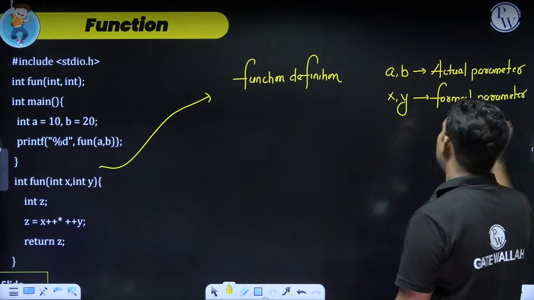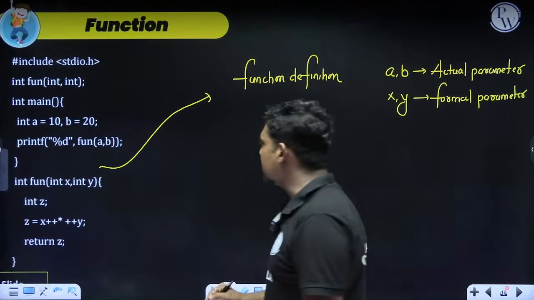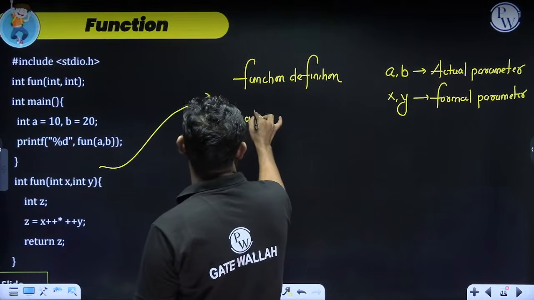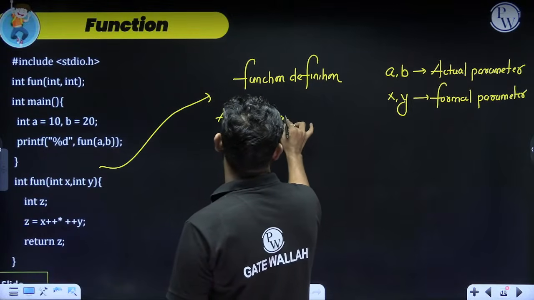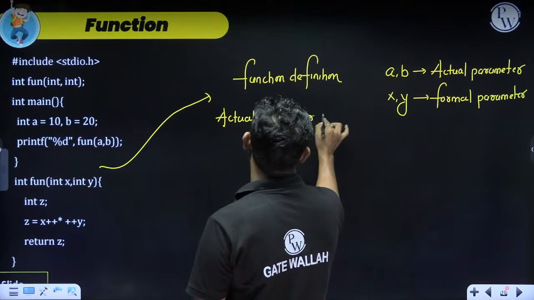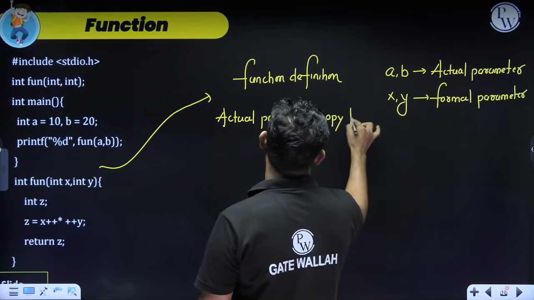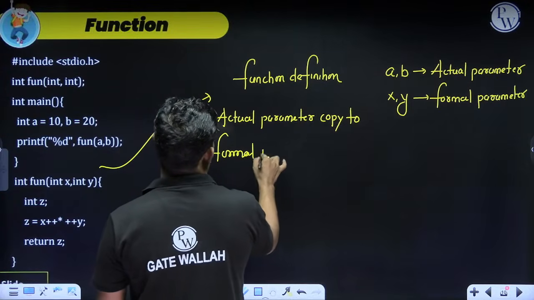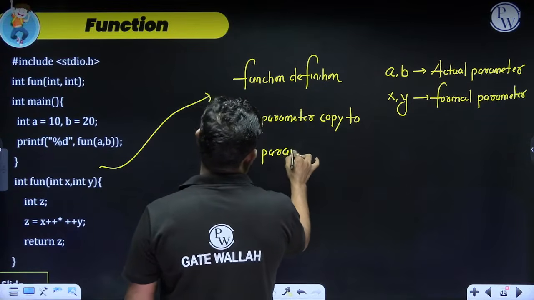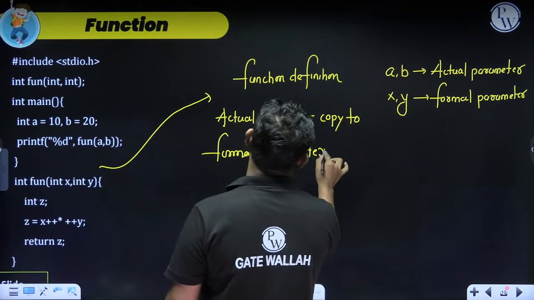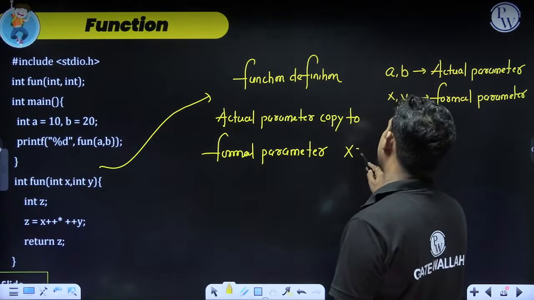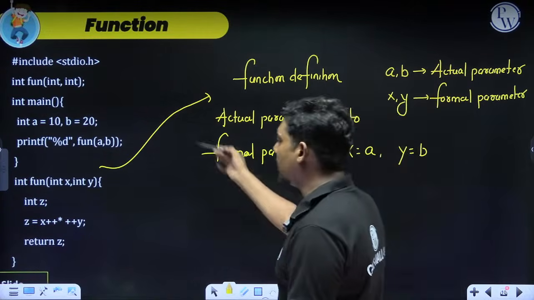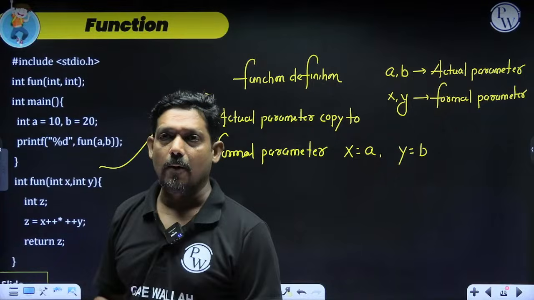When control transfers, the first thing that happens is the actual parameter is copied to the formal parameter. You don't need to do anything. It is something like x equals a and y equals b. The actual parameter is copied to the formal parameter.